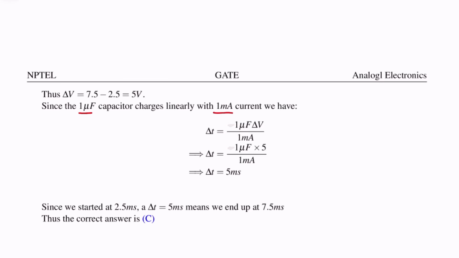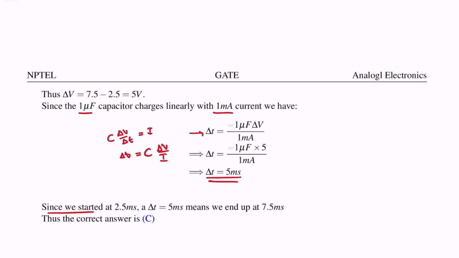Therefore C delta V by delta T is equal to I, which means delta T must be equal to C delta V by I. That is what this formula is: this is C, this is delta V, this is I. Substituting appropriately, we find that delta T is equal to 5 milliseconds.